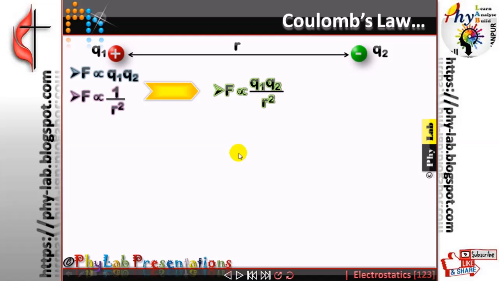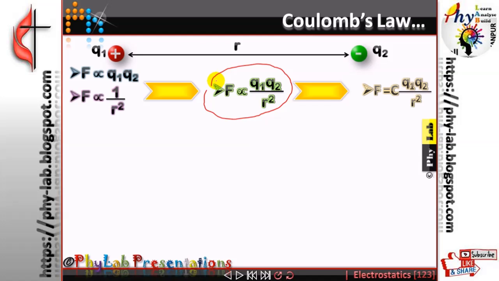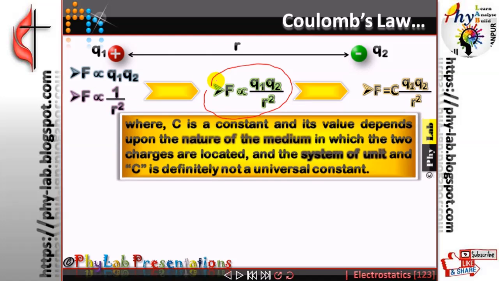If the distance between them is r, then the magnitude of the force is inversely proportional to the square of the distance between the two. Combining them together, I get F proportional to Q1 Q2 upon r square, and bringing in the proportionality constant, F is equal to C Q1 Q2 by r square.